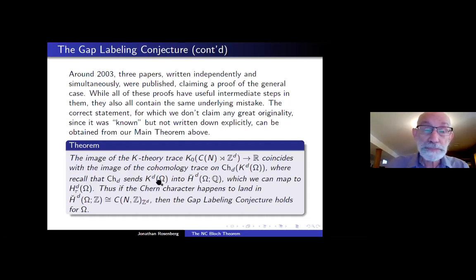But for most spaces, it just lands in the rational cohomology and there are some denominators. So what is true is that if the Chern character happens to land in the integral cohomology, then the gap labeling conjecture holds. But if the image of the Chern character is not equal to the integral cohomology, then probably the gap labeling conjecture is false.